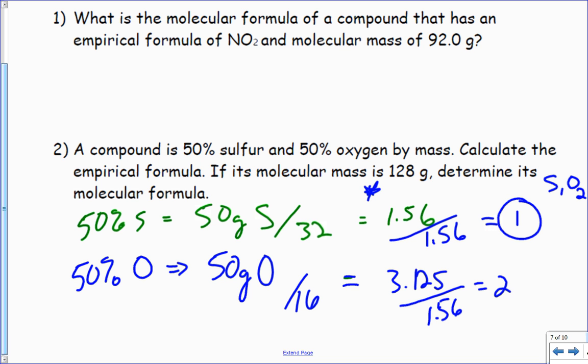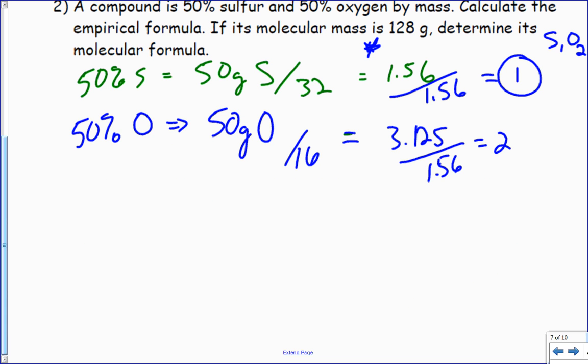And now it says find its molecular mass. Well, what I need to do is find my empirical mass. So if I got SO2, this empirical mass is going to be 32 for sulfur plus 32, which is 2 oxygen, 16 times 2 is 32. And that's going to be 64 grams per mole.